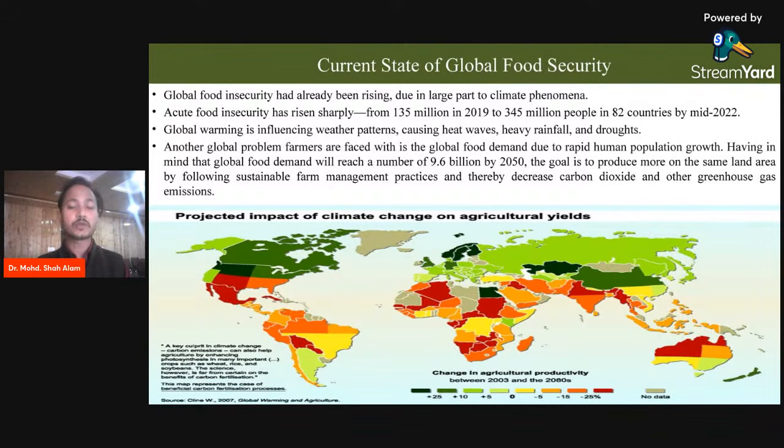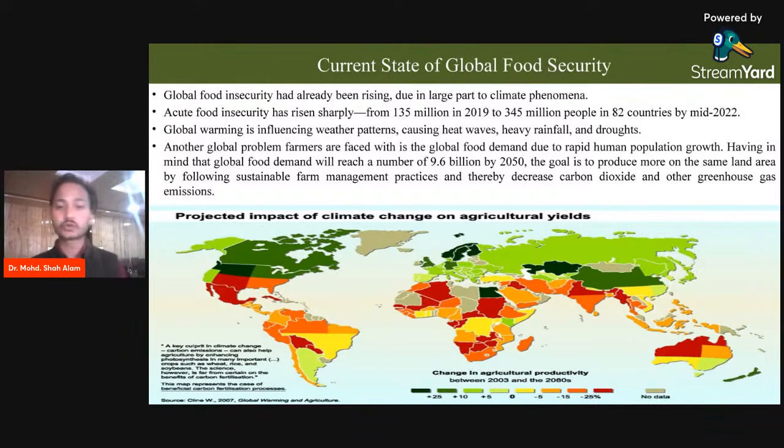Global warming is influencing weather patterns, causing heat, heavy rainfall, and drought. Another global problem faced by farmers is the rapid increase in population growth. Having in mind that global food demand will reach 9.6 billion in 2050, the goal is to produce more on the same piece of land by following sustainable farm management.